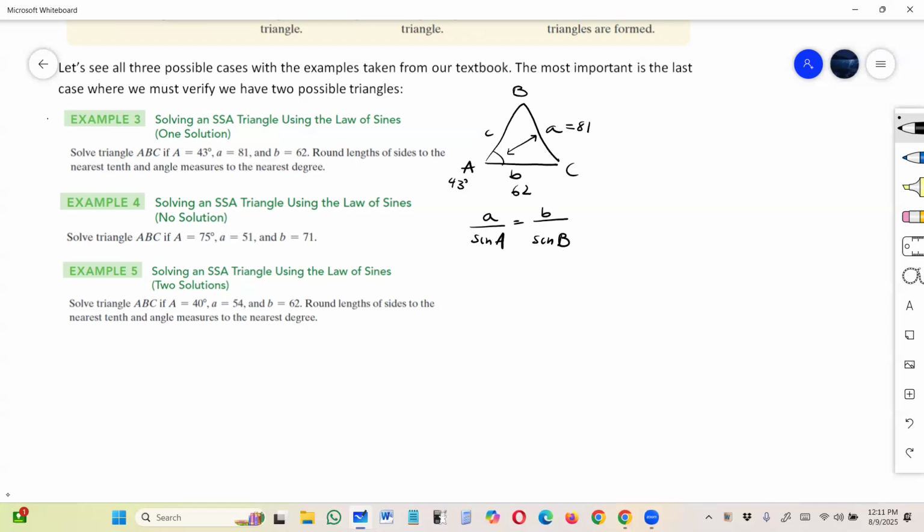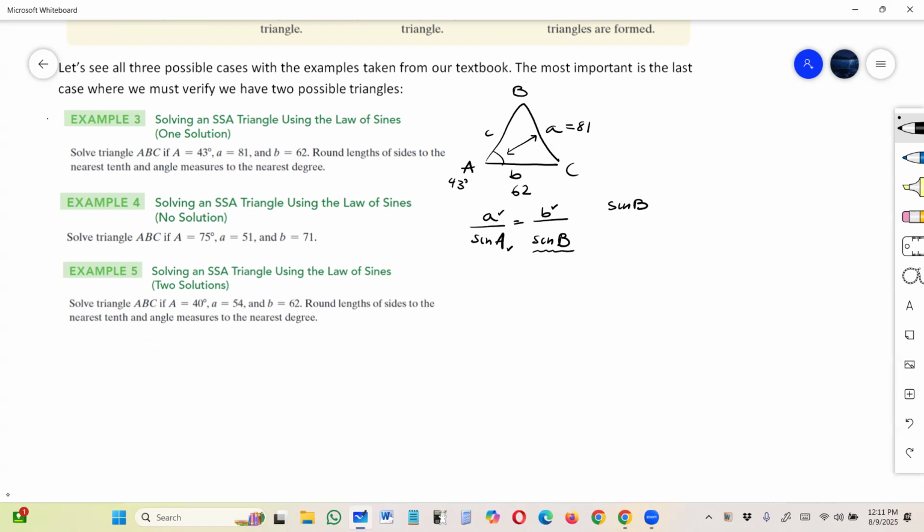And in this case, I am given B, I am given A, and I have sine of A. So I am going to have to solve this little ratio or equation. I have to solve for sine B. So I'm going to cross multiply, and I'm going to divide by A. So I'm going to end up with this, right?